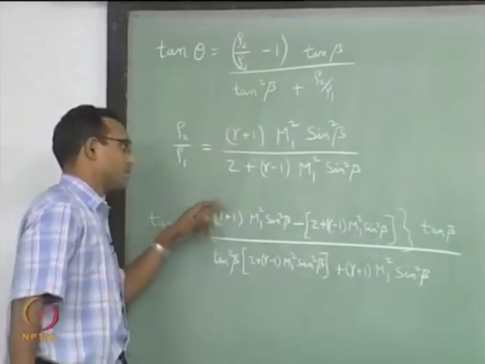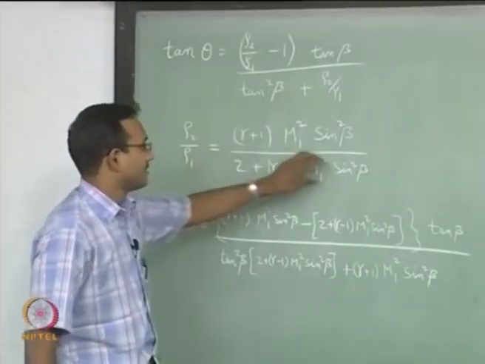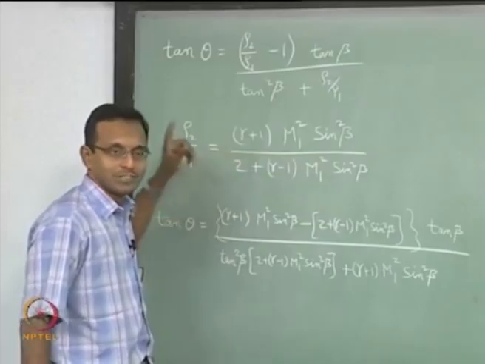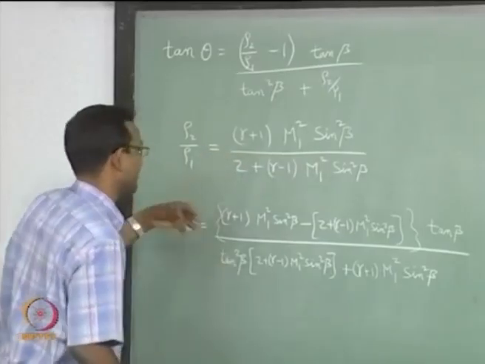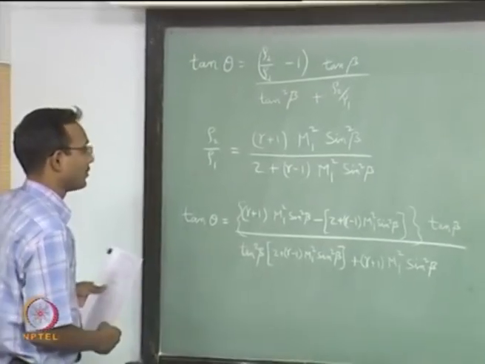Now, this will be the simplified expression. Both the numerator and denominator have this in their denominator, which I have just cancelled. Now, we want to simplify this expression overall.